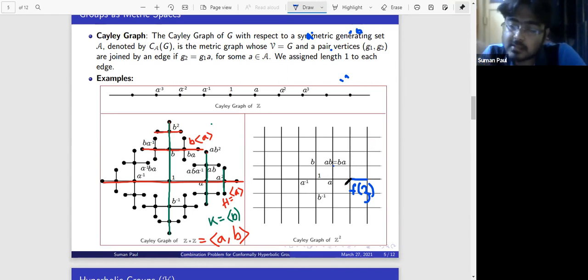So as the edge is far away from the identity, we shrink it, we rescale it by some conformal factor, that is lambda to the power n.